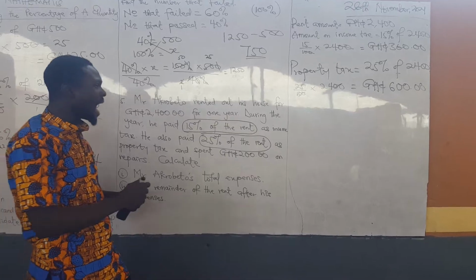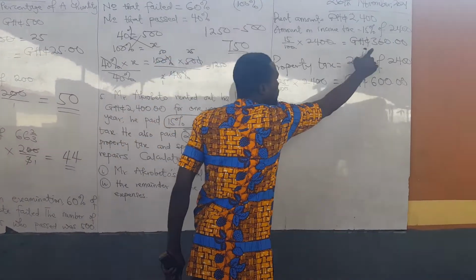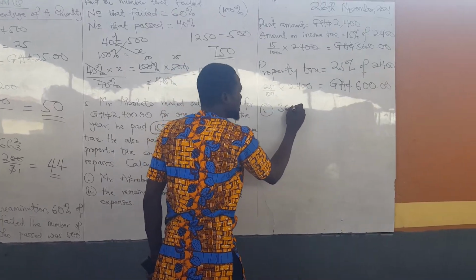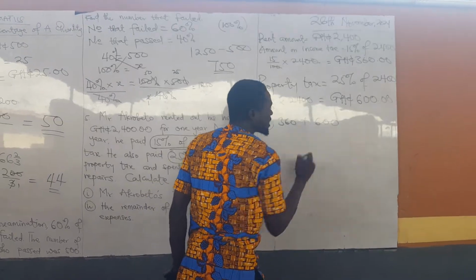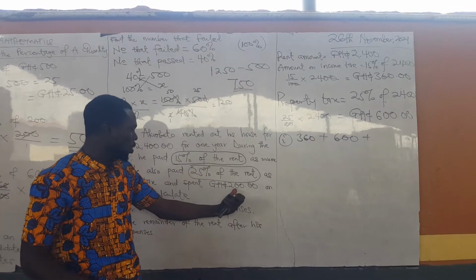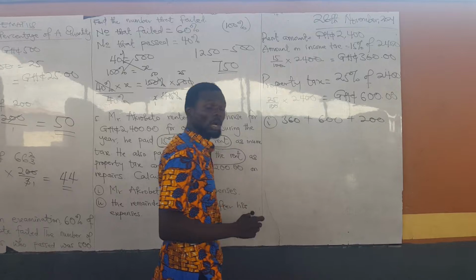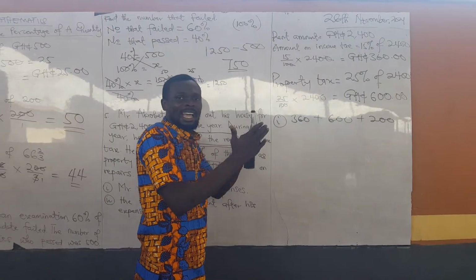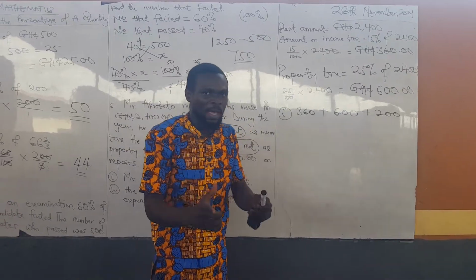So what we have been asked to calculate is total expenses. We are going to put the amount on income tax, which is 360, plus property tax, which is 600, plus the amount that he spent on repairs, which is 200 Ghana cedis. So put all this together, and that will give you his total expenses.